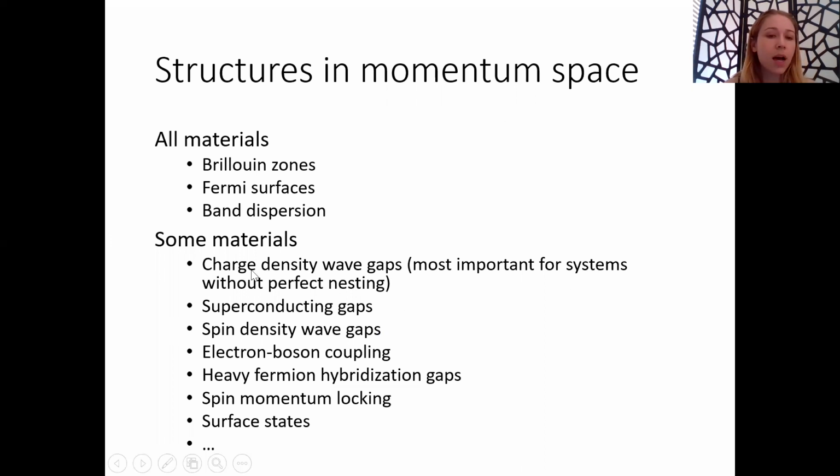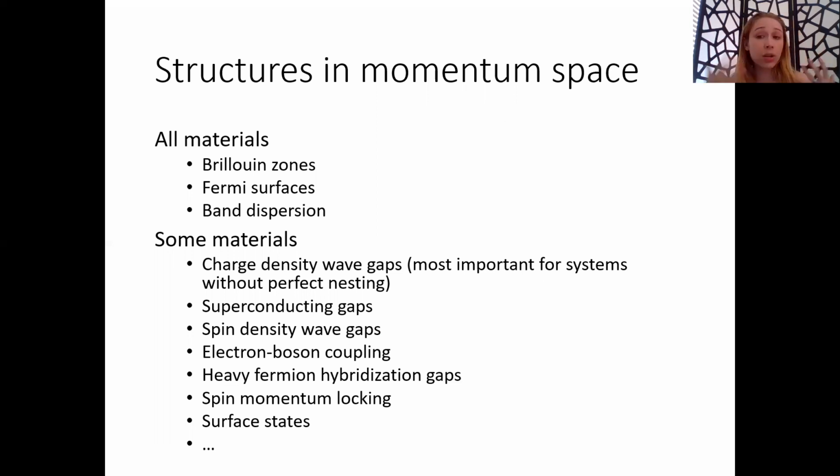So this includes charge density wave gaps, superconducting gaps, spin density wave gaps, electron boson coupling, heavy fermion hybridization gaps, spin momentum locking, surface states. The list goes on and on.